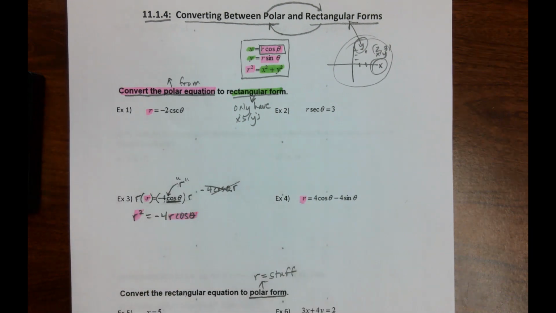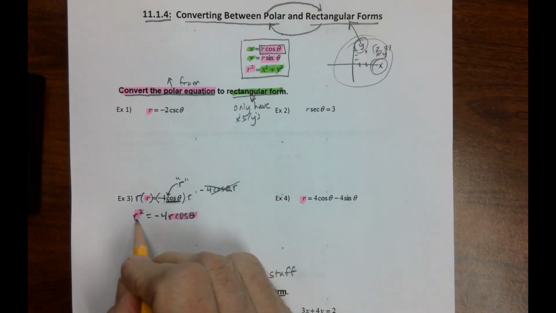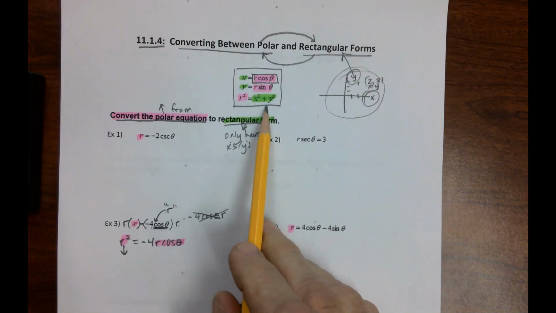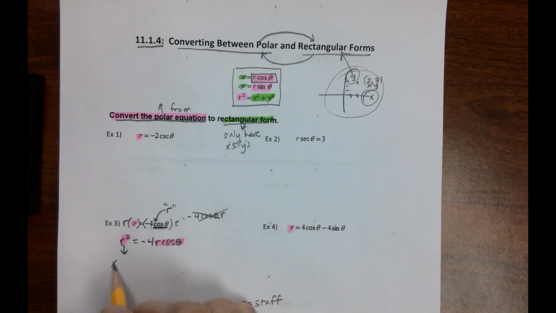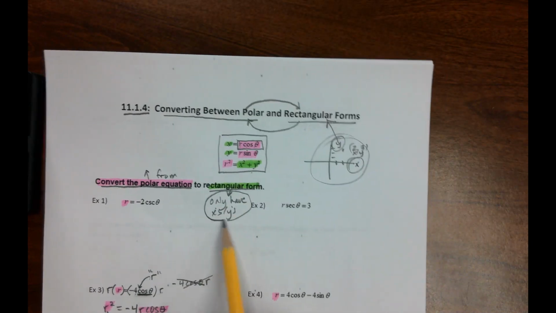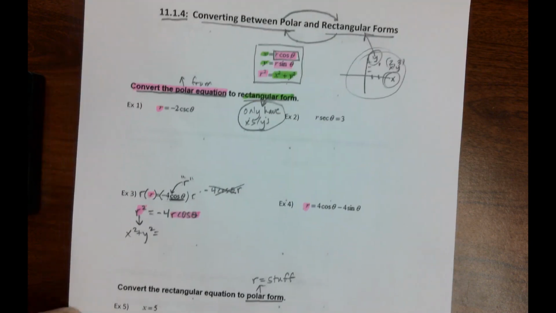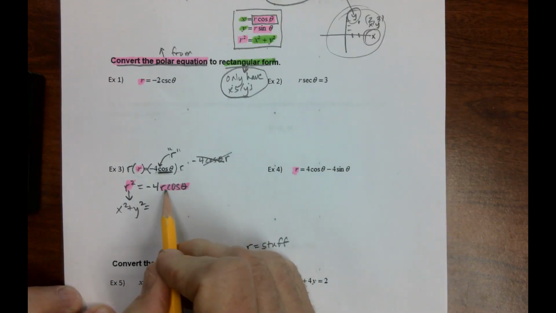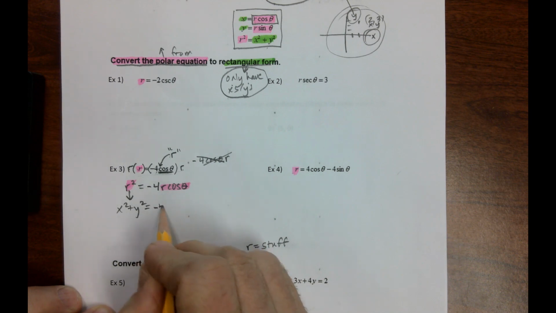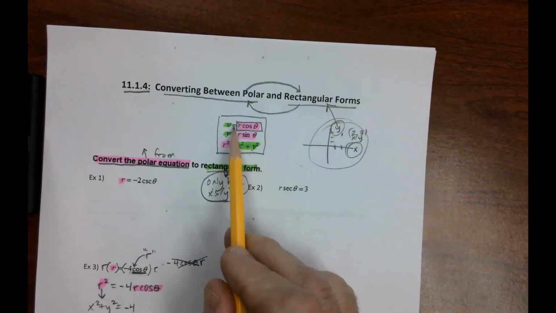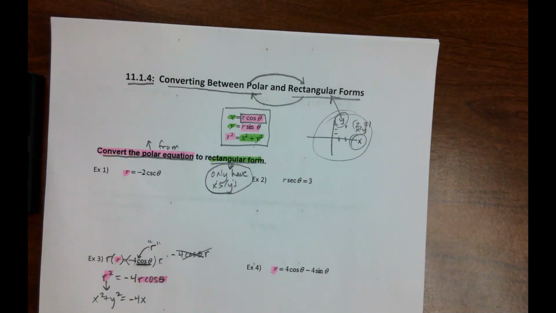The -4 just kind of comes along for the ride. What does r squared equal? That equals x squared plus y squared. See, we're introducing our x's and our y's, but we had to be a little creative to do it. And then what is this pink stuff? Well, that pink stuff equals x. And we're done. Now, that's all they're asking us to do right now.